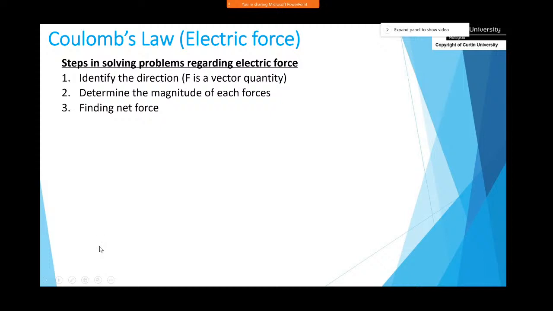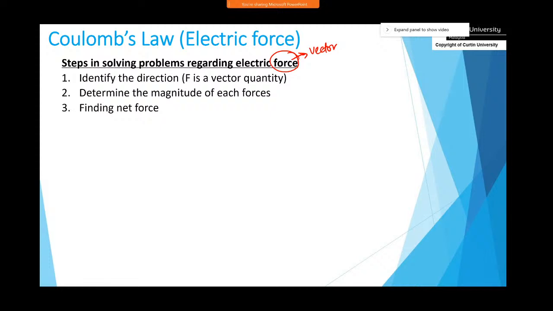Alright, so let's move on to solving a calculation regarding electric force. The steps I have given here: if you see the word force, it relates to a vector.